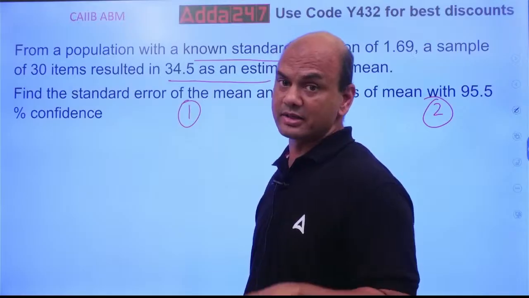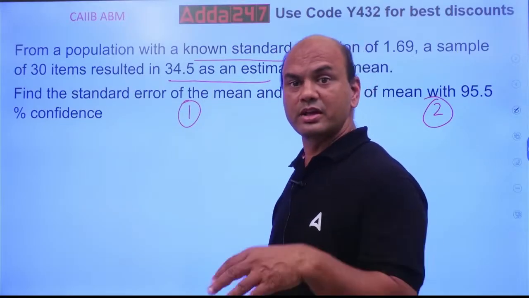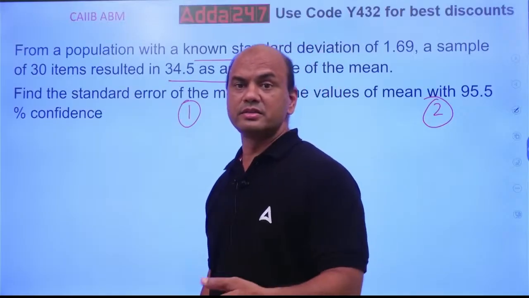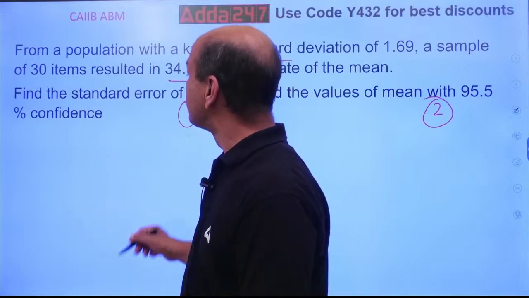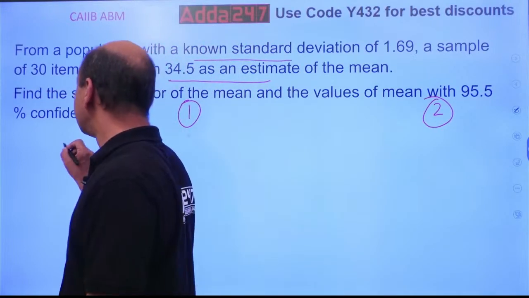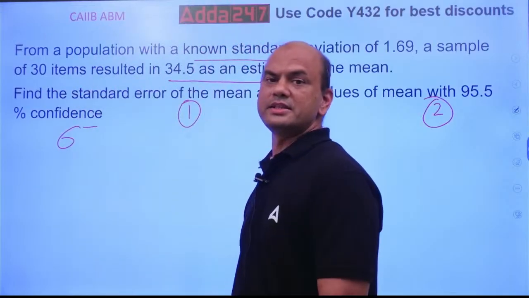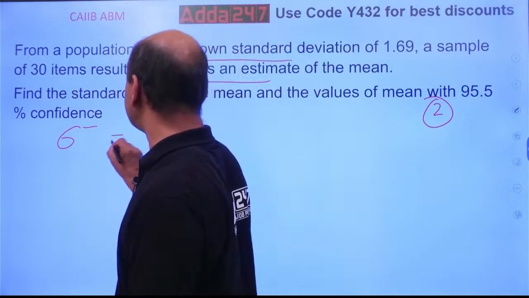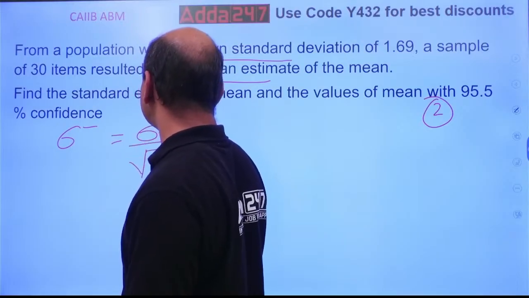What is the formula? Two formulae are there. The first one is for finite population, which we have already solved in these sessions. Standard error is written as psi dash, psi dash equals psi upon root of n.